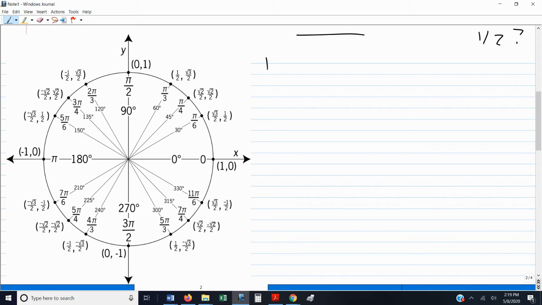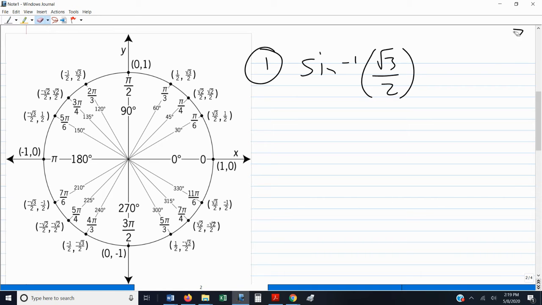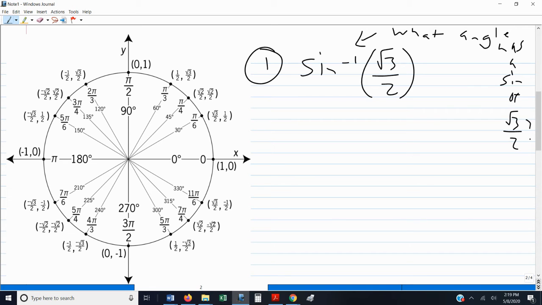So the first one we're going to look at is inverse sine of √3/2. So remember what I had just said, the inverse is always asking you for an angle. What angle has a sine of √3/2? Okay, I'm not going to write that for each one, but just in the beginning I will.